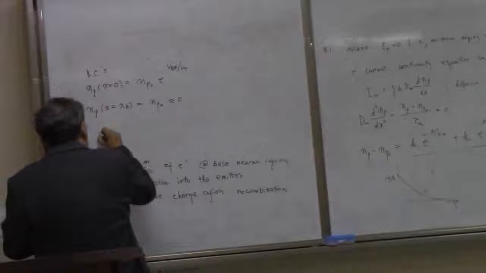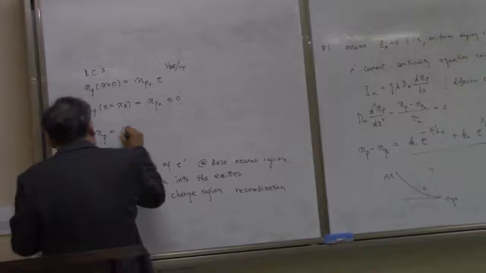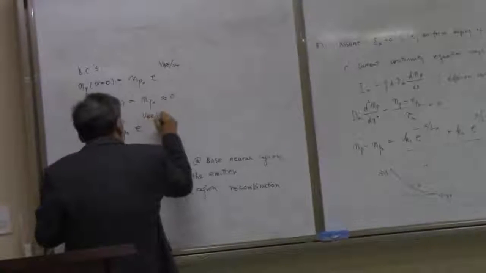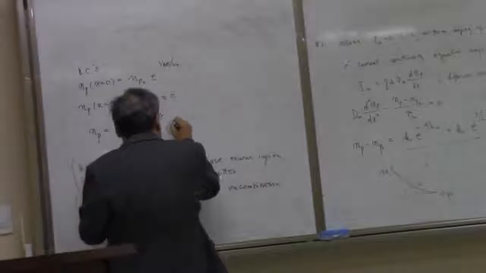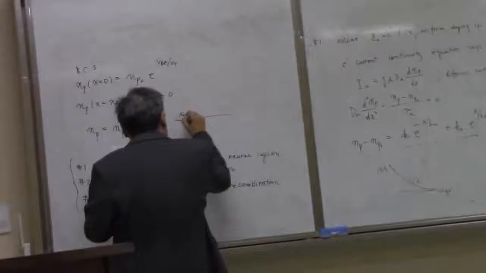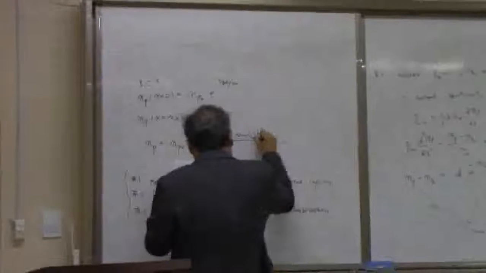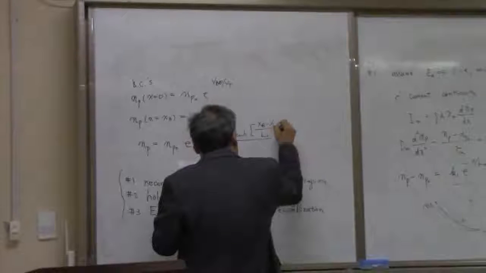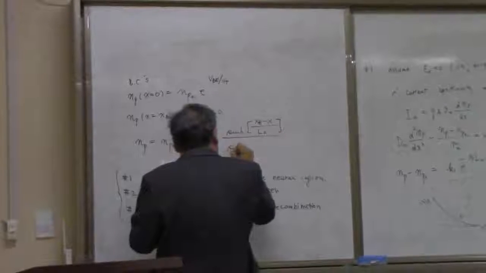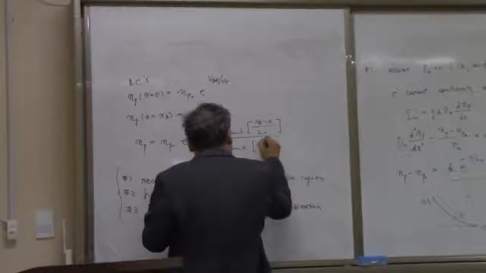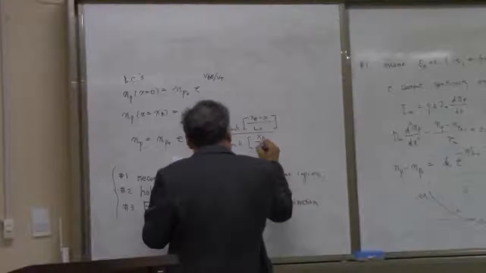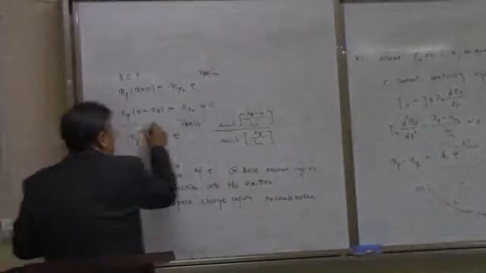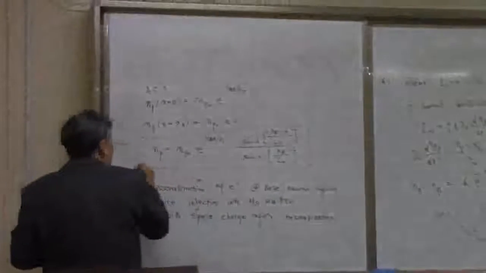And then n_p is going to be n_p0 e to the V_BE over V_T times hyperbolic sine of (x_B minus x) over L_n over hyperbolic sine of x_B over L_n. That is going to be the particular solution of that equation.